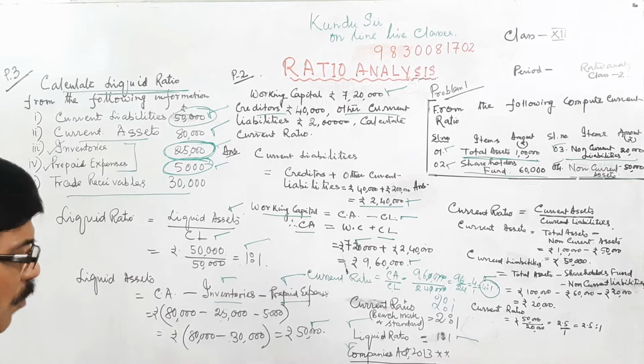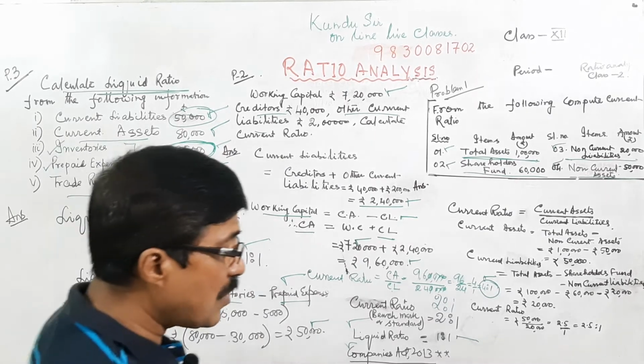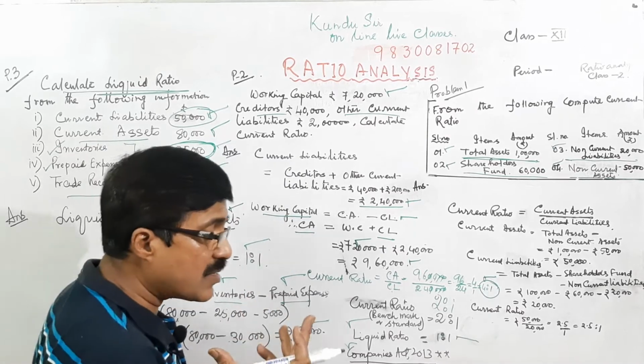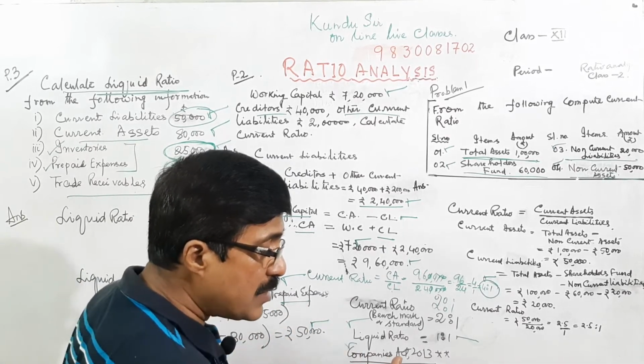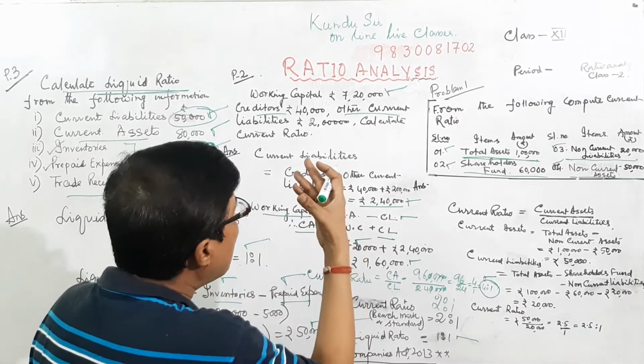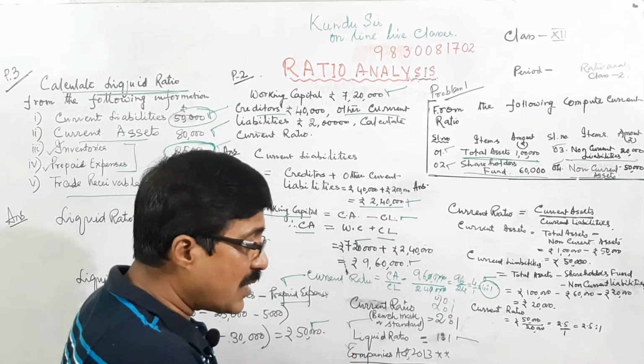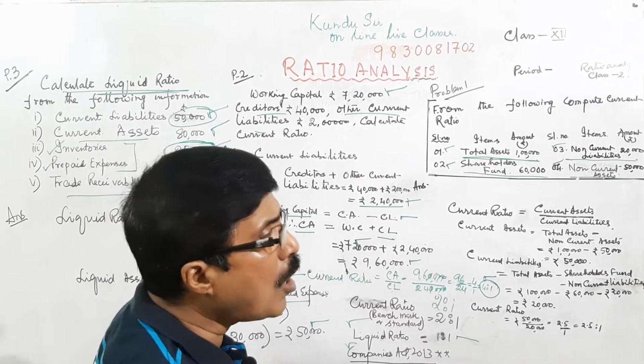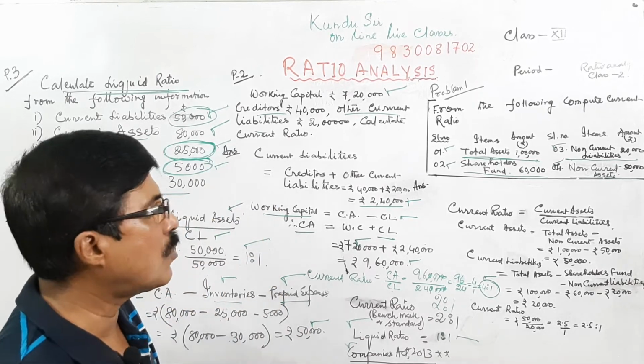And according to the Companies Act, I want to say a few words also. What is current liabilities, what is current assets? For current liabilities, there are a few conditions. It is expected to be settled in the normal course of business.